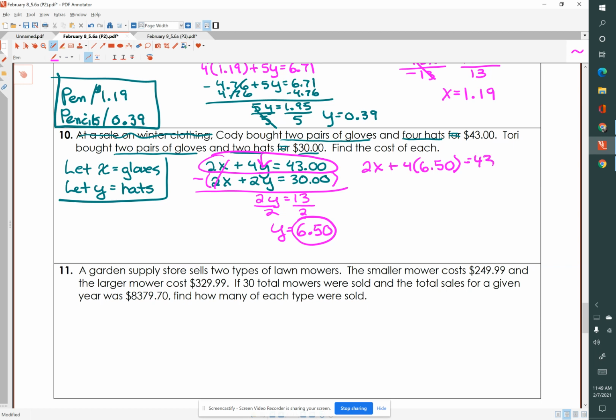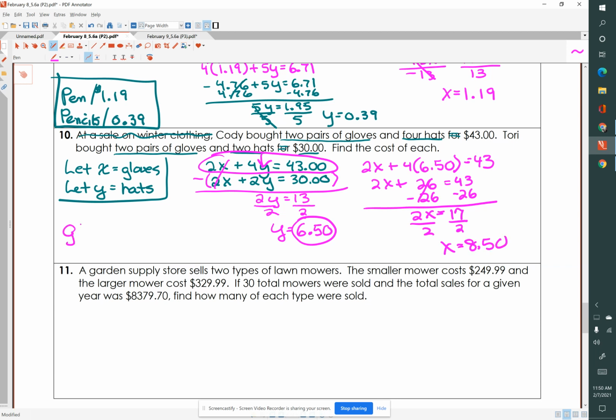So 2x plus 4 times 6.50 is 26 equals 43. Subtract 26 from both sides, and 2x equals 17. Divide both sides by 2, and x equals $8.50.